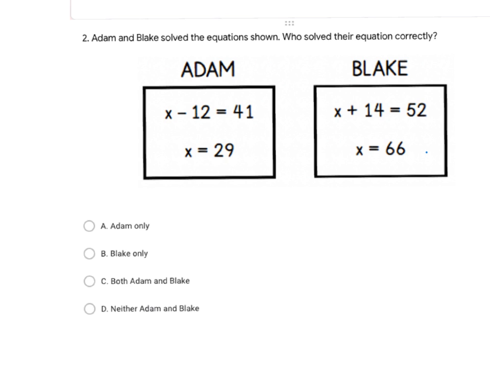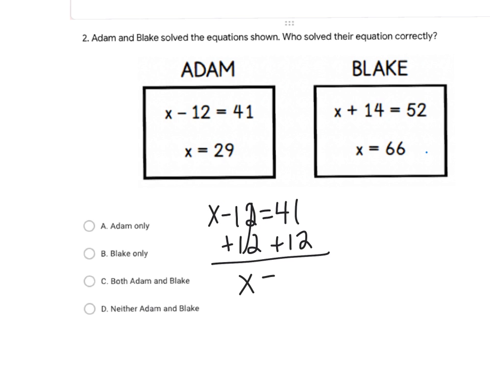Starting off with the harder way. Let's do Adam's. Okay, so to get x by itself, what's the opposite of minus 12? Which would be add 12. So x equals 53.